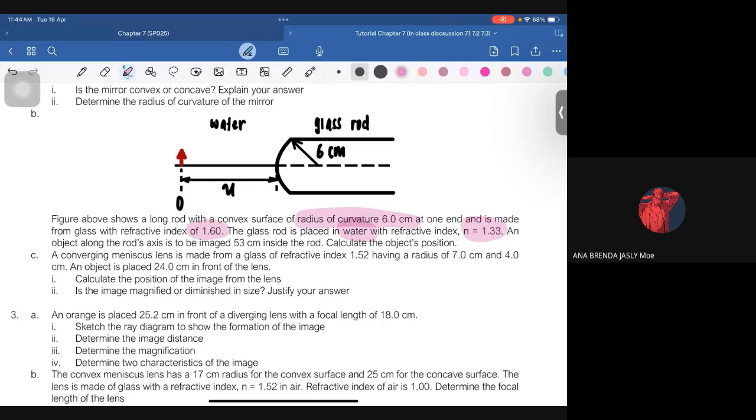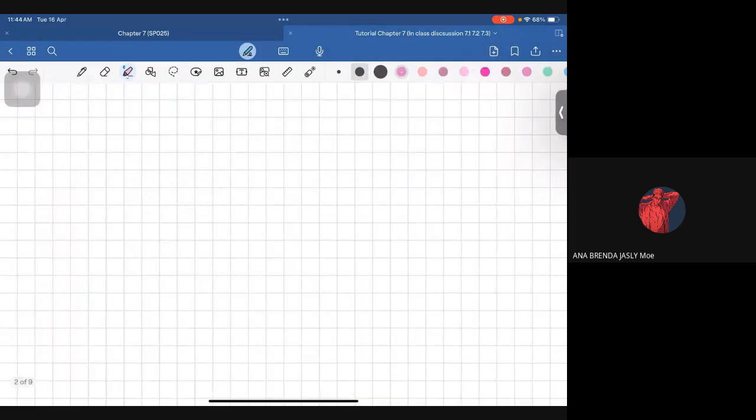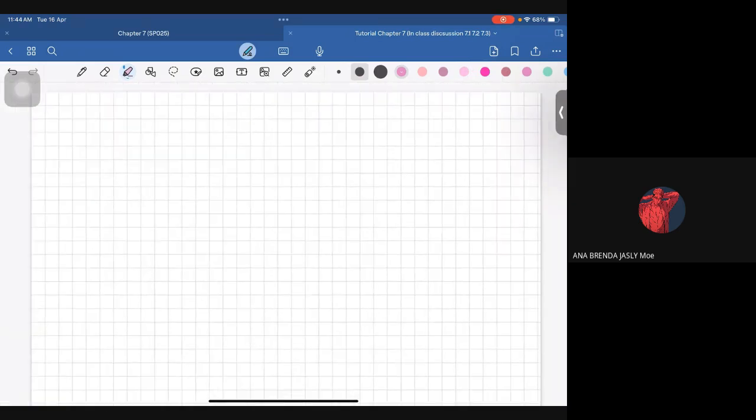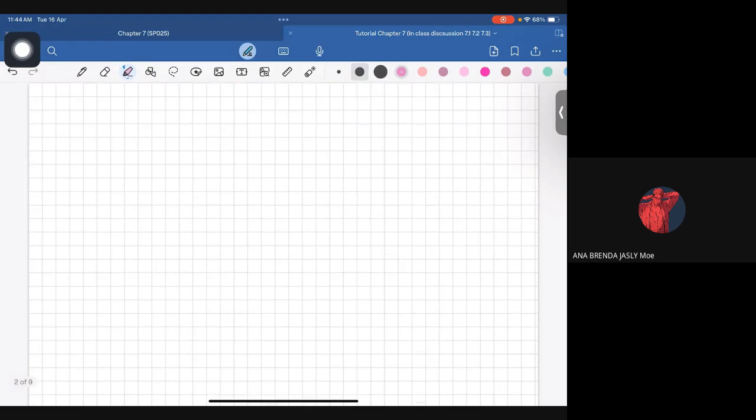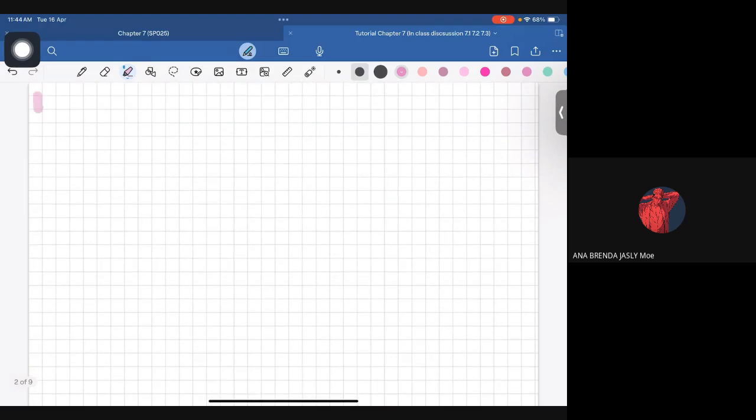An object along the rod's axis to be imaged 53 centimeter inside the rod. So we have to determine the object's position lah. Okay. So untuk soalan yang glass rod, aquarium, jenis-jenis yang spherical surface ni, kamu punya formula ada satu je.